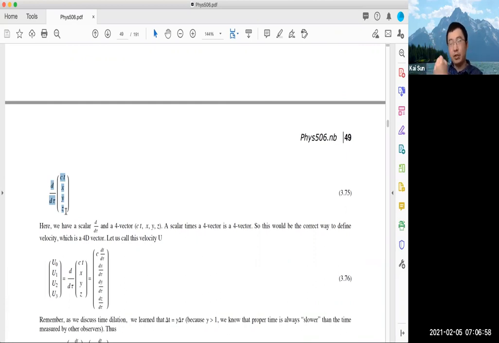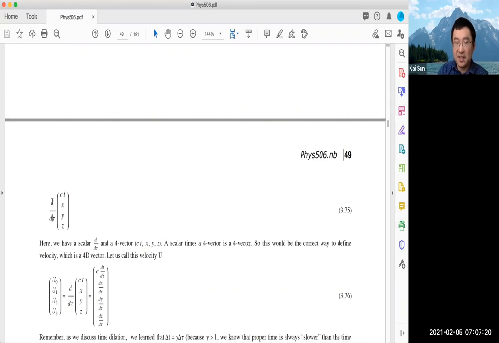For any moving object, the proper time is time measured by the moving object itself. That proper time is an intrinsic property of a moving object. It doesn't matter which reference frame we are looking at. Different reference frames will give you different lab time, but the proper time will always be the same. So proper time is a scalar.